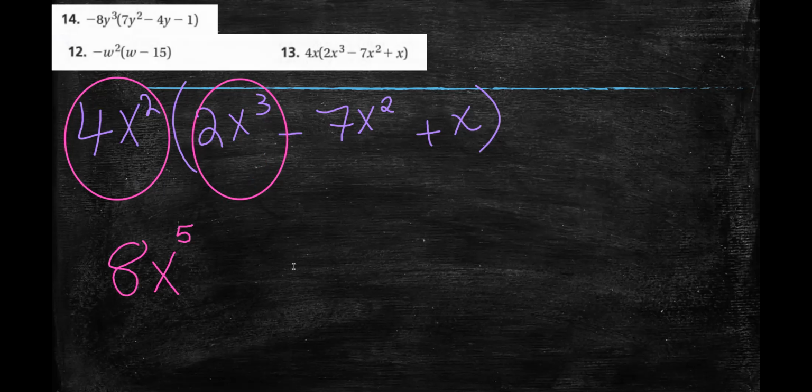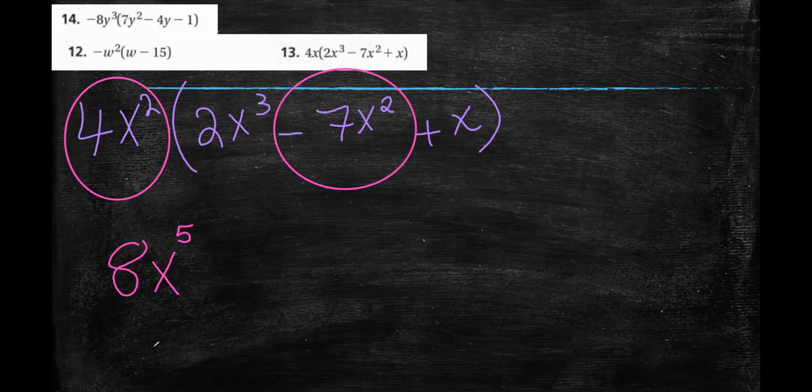Now, I want you to multiply the first term with this one. 4x squared with negative 7x squared.